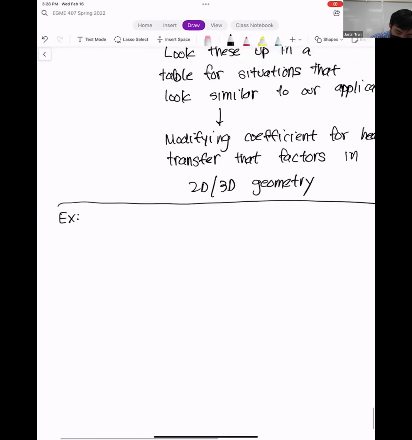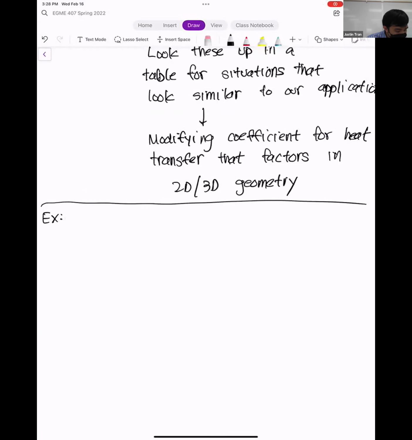In this example, let's say that we have a horizontal pipe that is 15 centimeters in diameter, and the length of the pipe is 4 meters. We'll say that it's buried in the earth, underground at a depth of 20 centimeters.